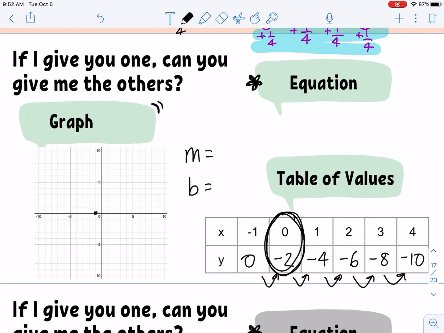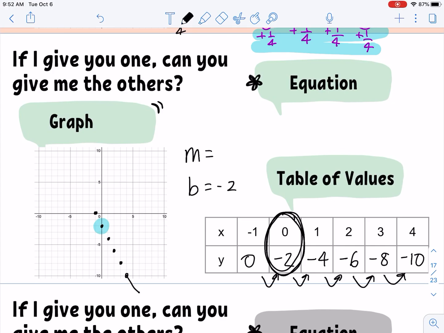-1, 0, 0, -2, 1, -4, 2, -6, 3, -8, and 4, -10. Maybe for you, seeing the y-intercept be -2 graphically is more comfortable.